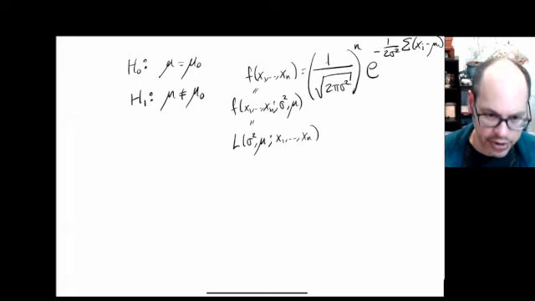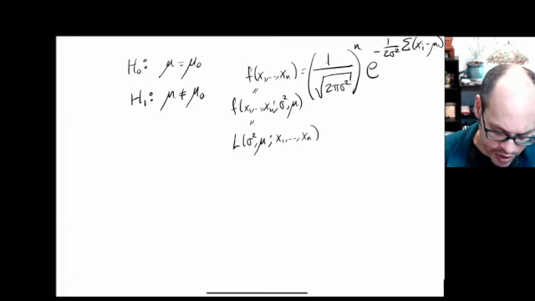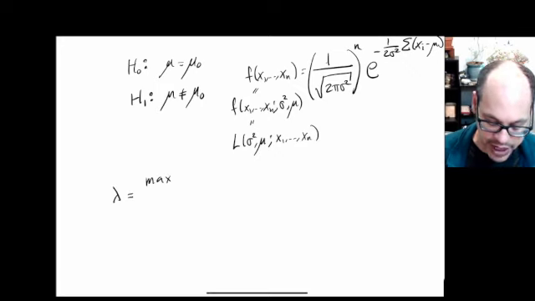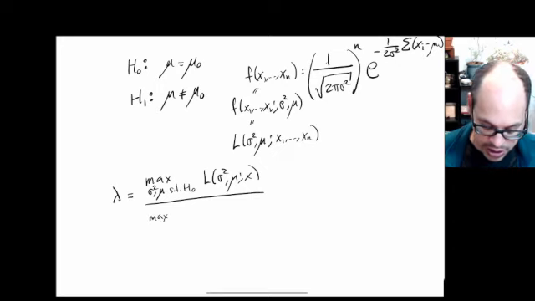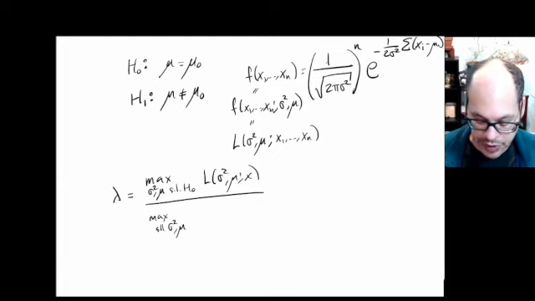And so if you remember, our estimator lambda is going to have the form of taking the maximum over sigma squared and mu such that the null hypothesis is true of this likelihood, divided by the maximum over unrestricted sigma squared and mu, all sigma squared and mu, so to speak, of L of sigma squared, mu, x.